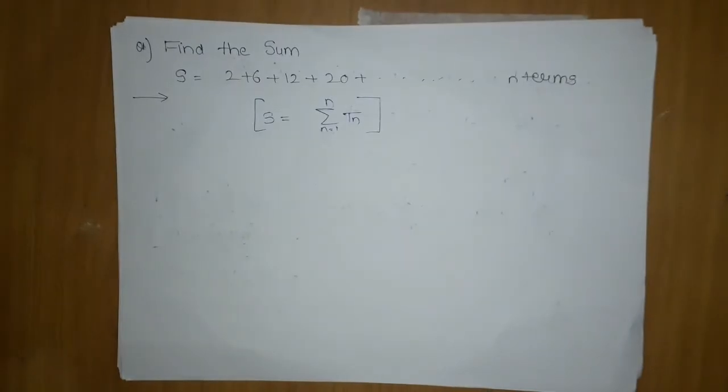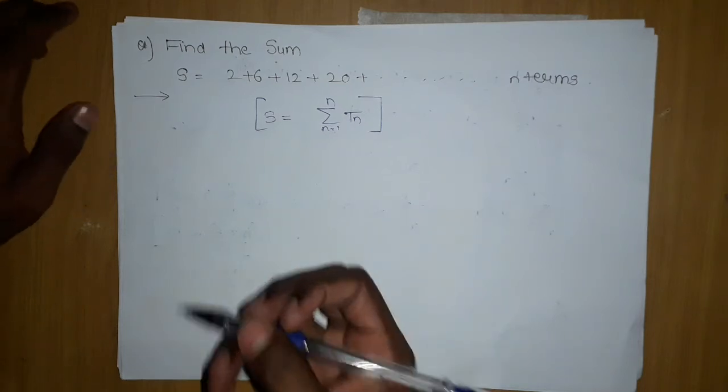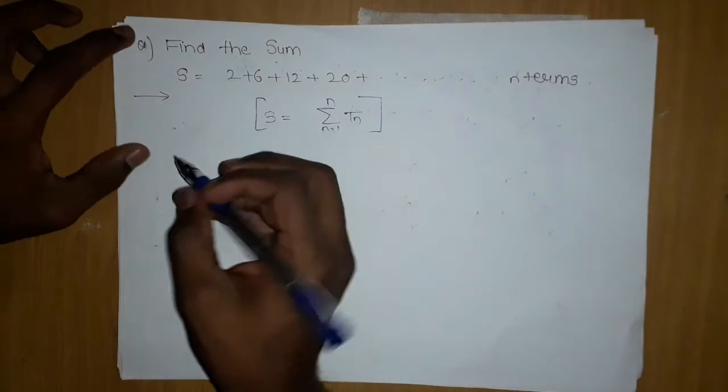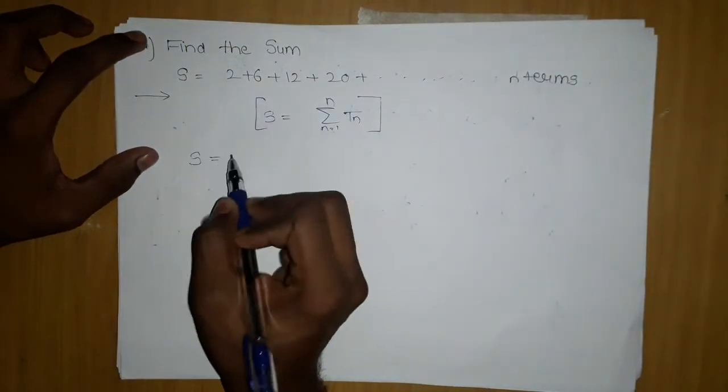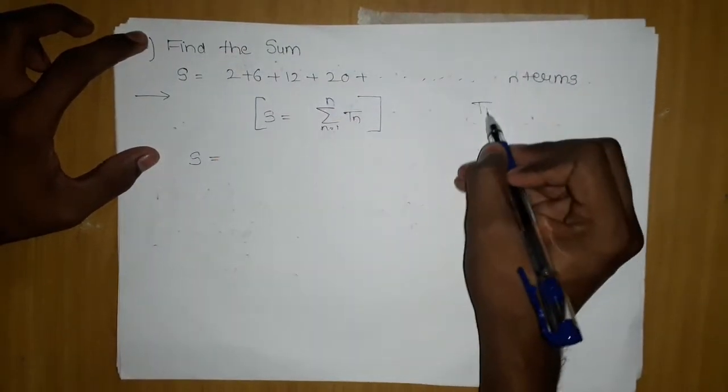So let's think, can we find a general term? 2 plus 6, 2 into n. I'm not able to think of the general term here, but let's see what the difference method is.